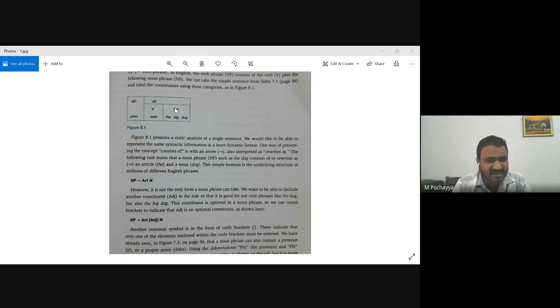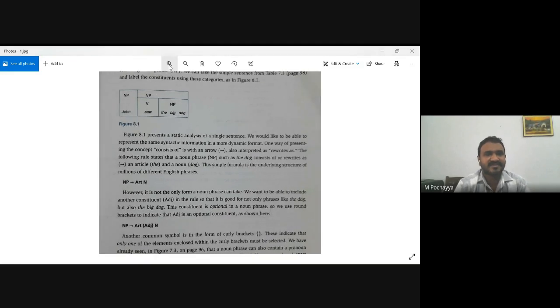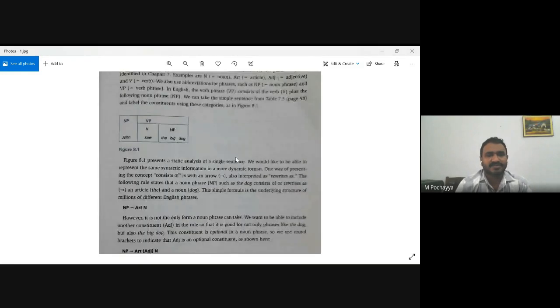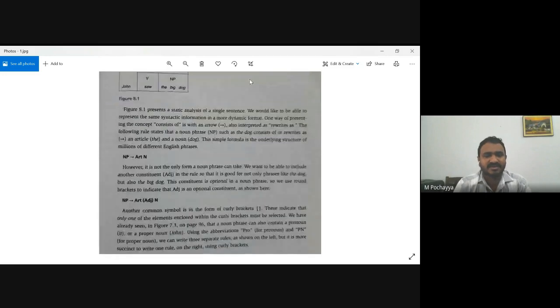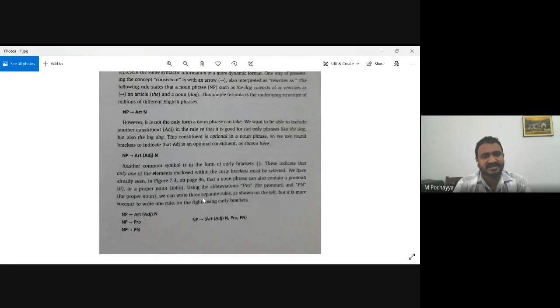Within this noun phrase, we are discussing article, adjective, and noun. So in this way we can separate.